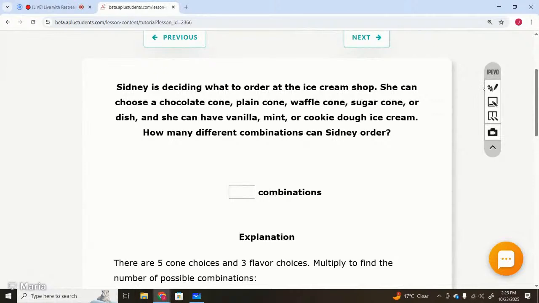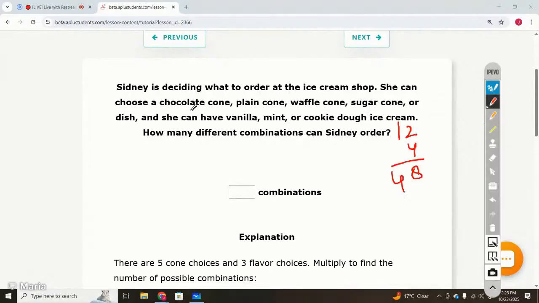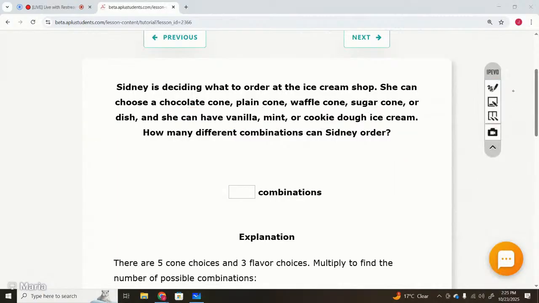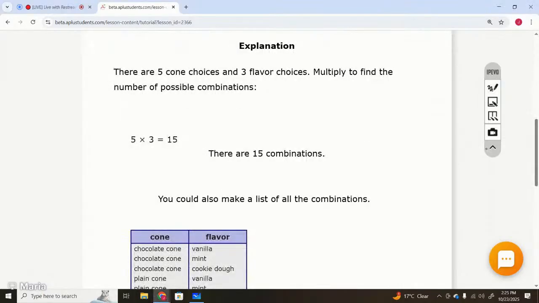So she can have one, two, three, four, and five choices for the cone, right? And one, two, three choices for the flavors. So there are five cone choices and three flavor choices. So you need to find a total combination.